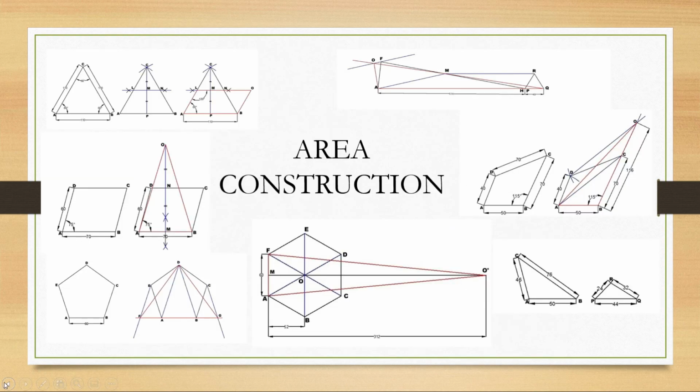So this is for part 1 of the video, where we did how to transfer quadrilateral areas into a triangle. After this, in the next part we will do how to merge the areas of two triangles like this.